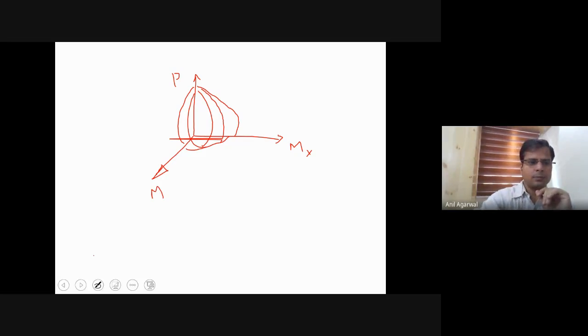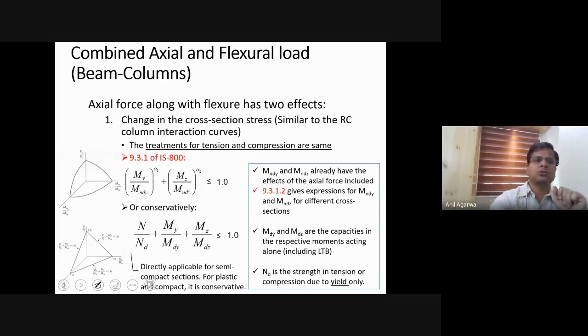So let's say you are at this point somewhere. If you are inside this geometry, inside this bulb, then you are safe. As soon as you come and touch this boundary, that's when the limit state is reached. The exact same thing is true for this shape.